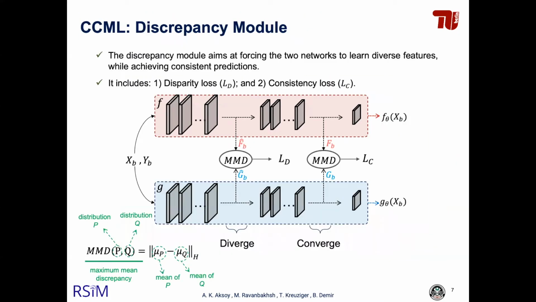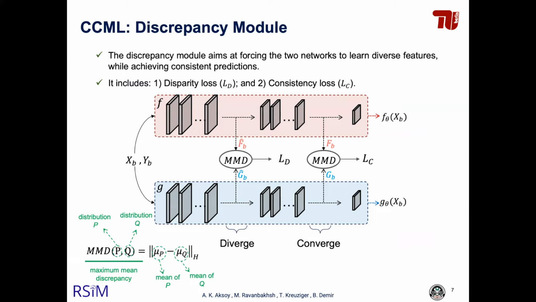The discrepancy module is one of the essential modules in our CCML. This module aims to force the two networks to learn diverse features while obtaining consistent predictions. To this end, the discrepancy module consists of two loss functions. First, the disparity loss, LD, which makes sure that the networks learn distinct features.